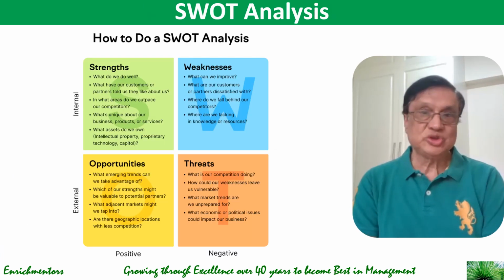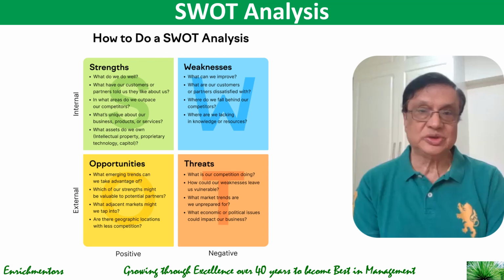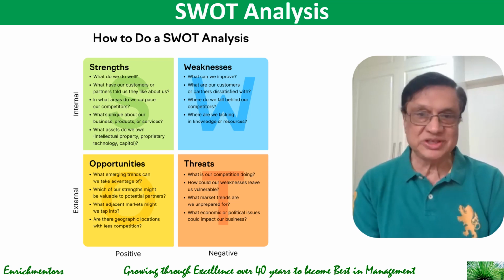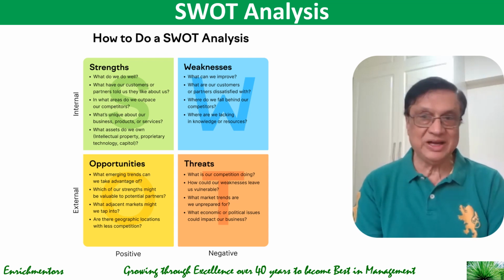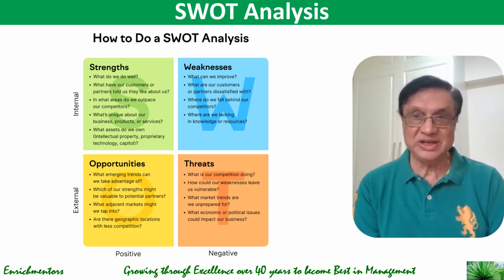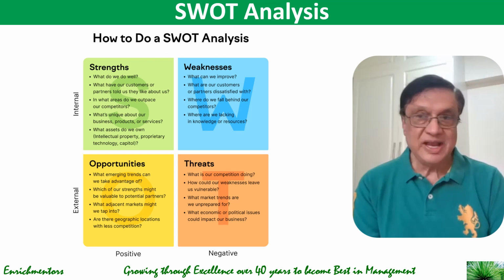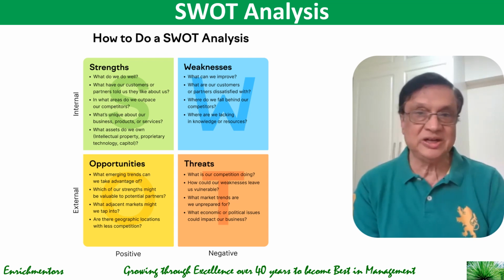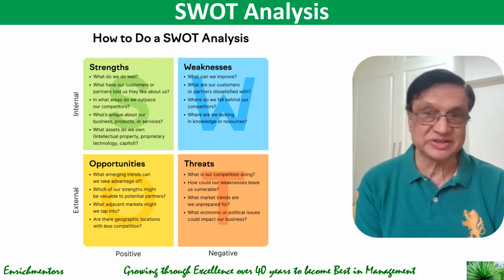Then another thing is to do a SWOT analysis of your proposed solution. What are the strengths, weaknesses, opportunities, and threats? And there are many questions as you see here, which you can come back and take a look at to determine what are your strengths, weaknesses, opportunities, and threats. And your weaknesses and threats are the things that you need to look at in terms of looking for possible risk there.